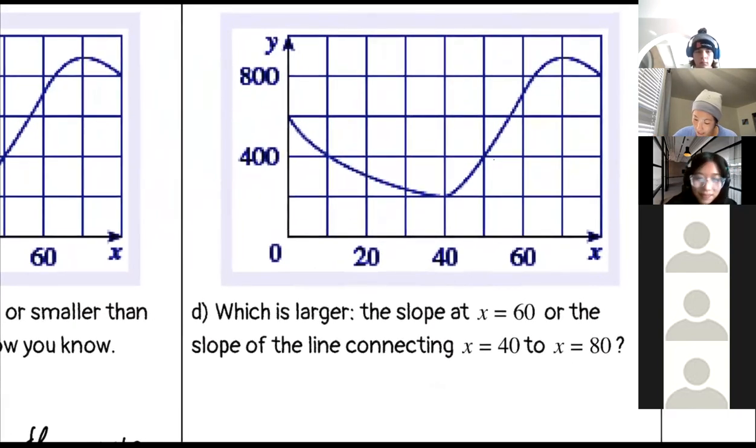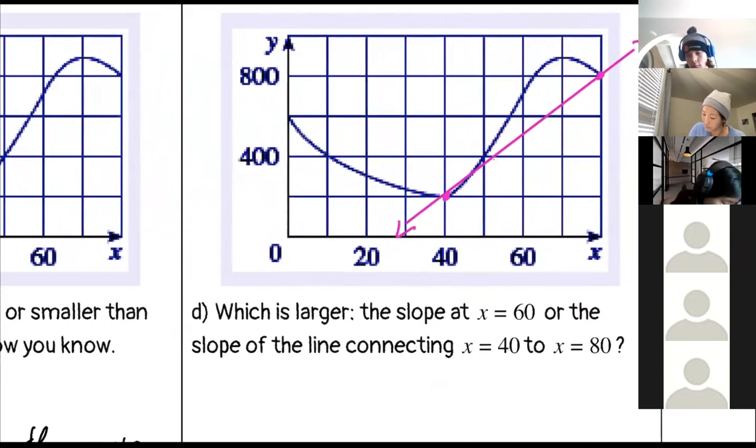We're going to look at the line connecting 40 and 80, something like that. And the slope at 60, so 60 is right here. Now, before I draw it, what are our guesses? Is the slope at 60 bigger, equal to, or smaller than the slope of the pink line?